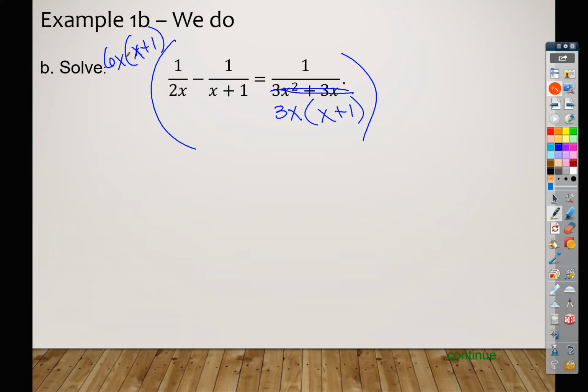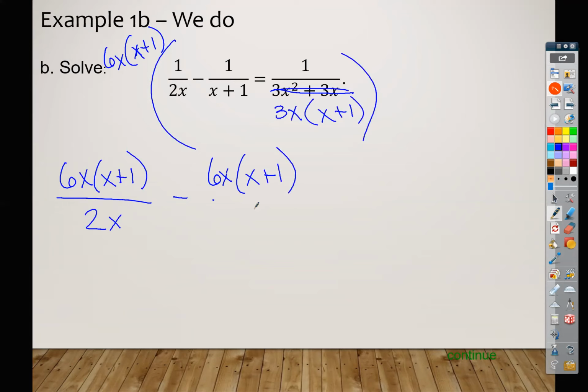So if I'm going to multiply everything in the top by 6x times x plus 1, all of these are 1s in the top. So it would just be 1 times everything. So 1 times that. And then 1 times that again.